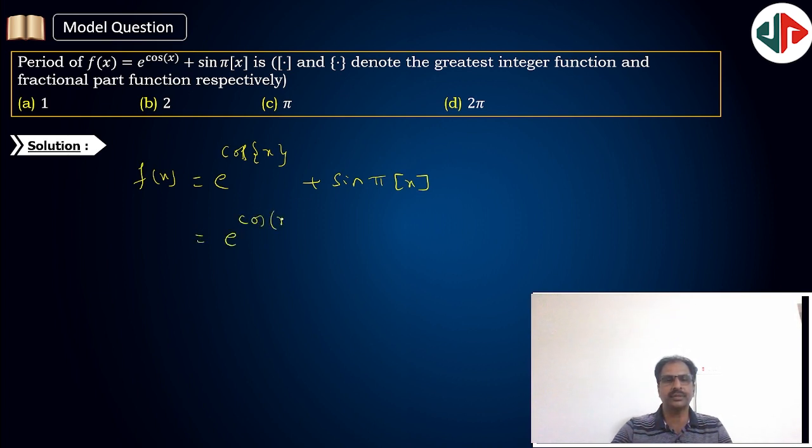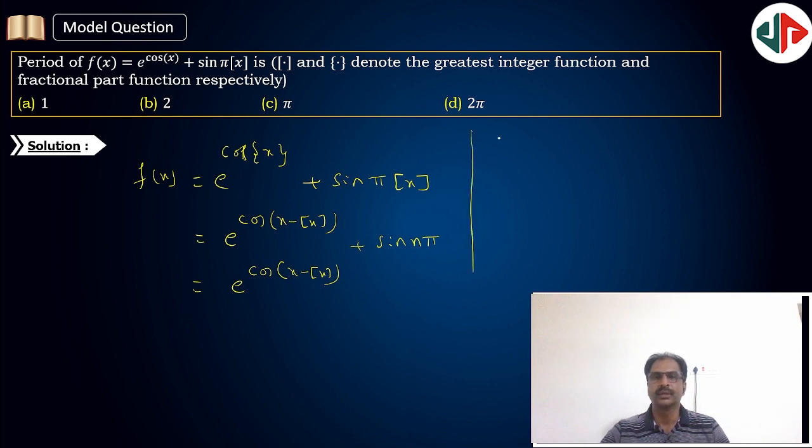Fractional part of x is nothing but x minus step x. Step x is always an integer. Any integer into pi, sin n pi is 0. So this is nothing but e power cos of x minus step x. Now, the period of x minus step x is 1.